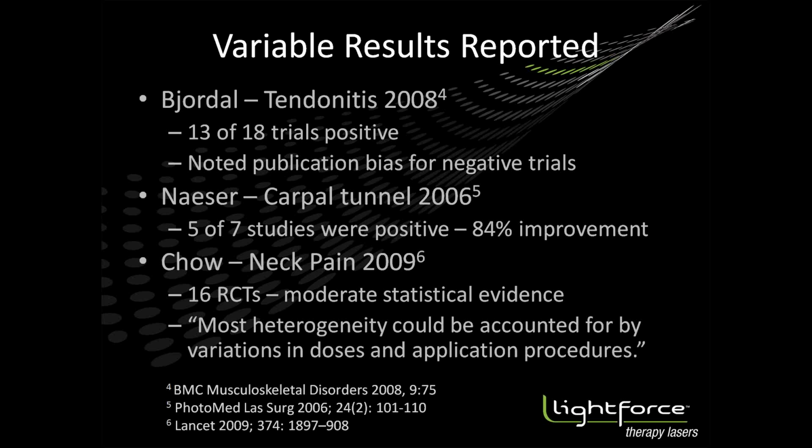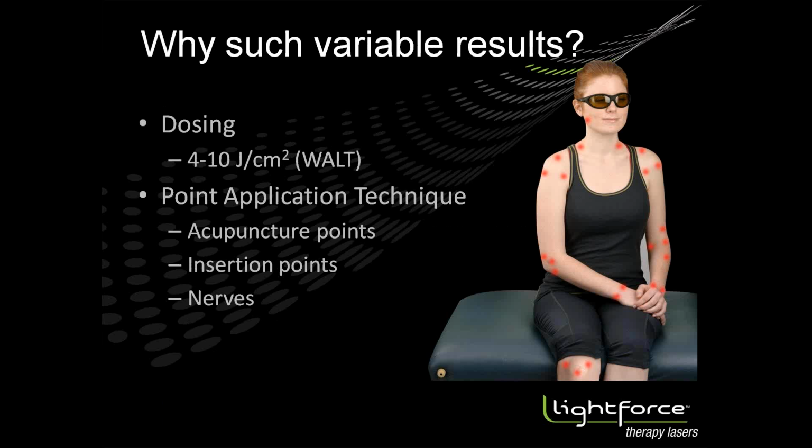So next slide. We're going to go into why we think that variability may exist. If you just talk about dosing, there's fairly reasonable agreement. Most laser manufacturers and clinicians would agree that the dosing you're shooting for is anywhere between 4 and 10 joules per centimeter squared, maybe a little bit more, depending on the condition and how deep you need to get.